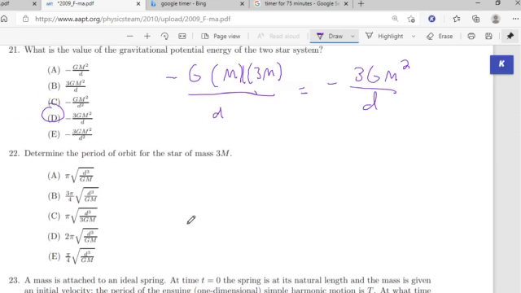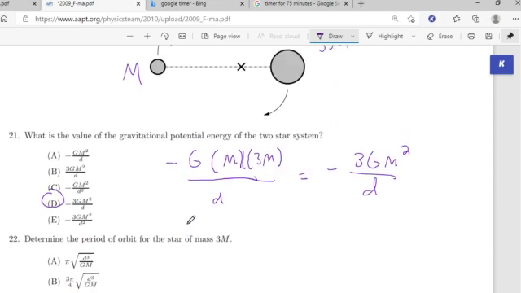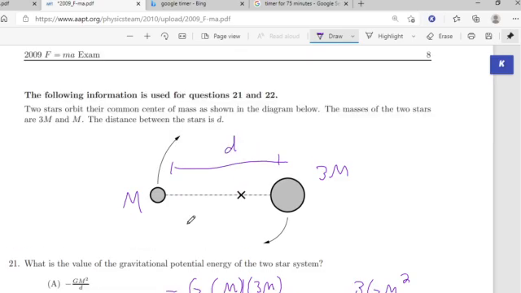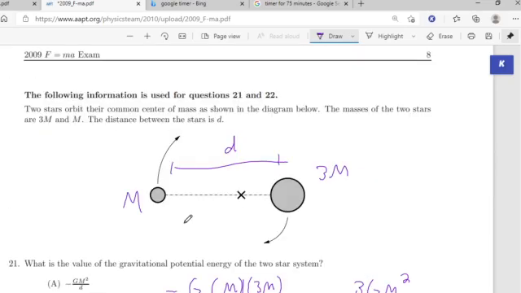Yeah. Okay, determine the period for the star of mass 3m. Okay. Well, star mass 3m.